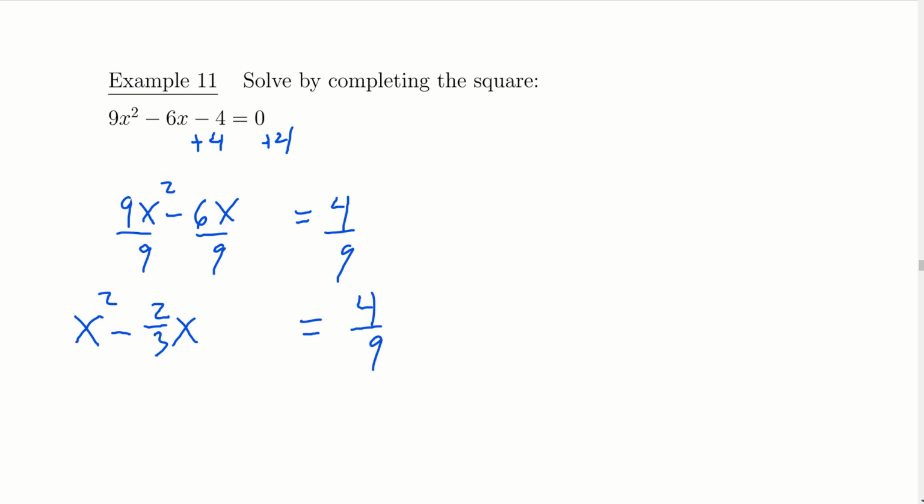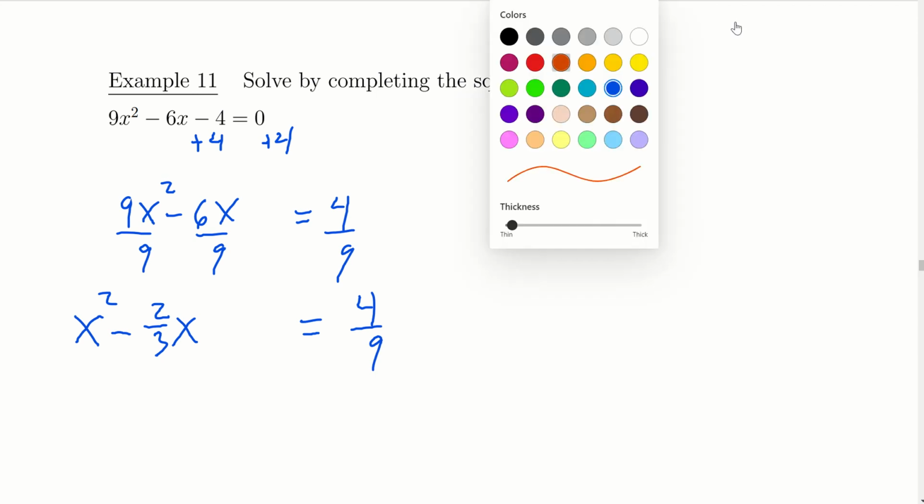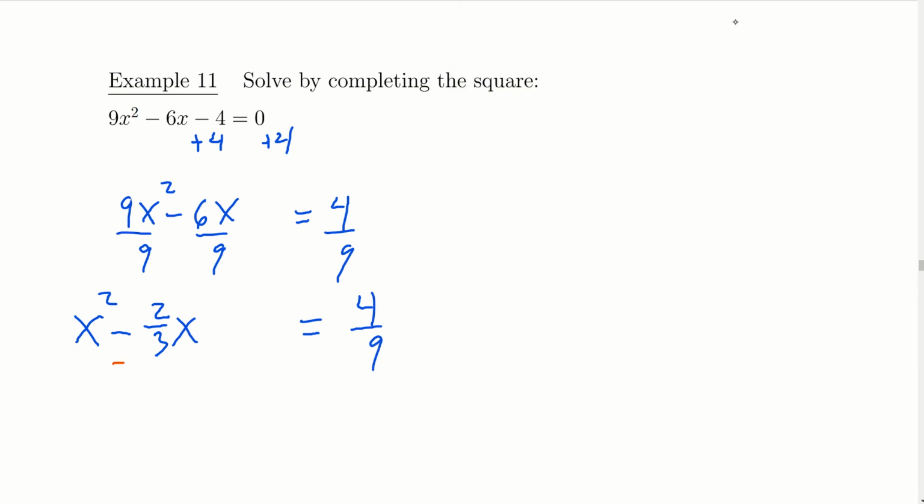We now have our 1x squared with an x term. So we're going to complete the square on the left-hand side. We need to take half of the coefficient of x. So we need to take half of negative 2/3, and then we're going to square it. That is, we need to take negative 2/3 and divide it by 2.